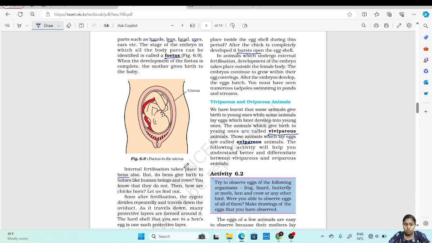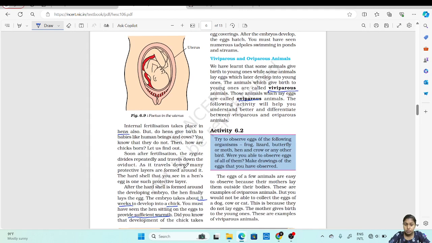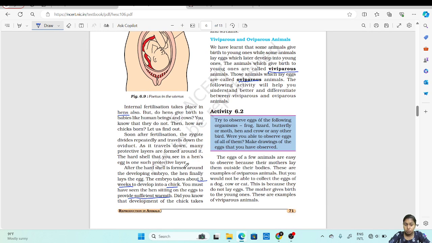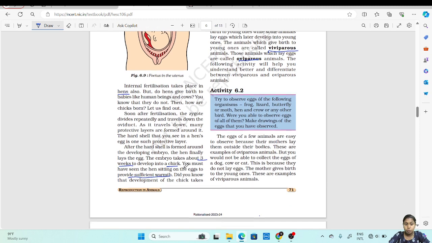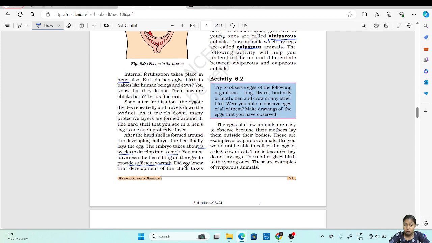Now this is what happens in humans. In the case of hens, what happens? Once the zygote is formed, it starts to divide to form the embryo. During the formation of the embryo, a protective layer is formed over it: the white eggshell that we see. Once the embryo is developed and the eggshell is formed, the hen lays the egg.